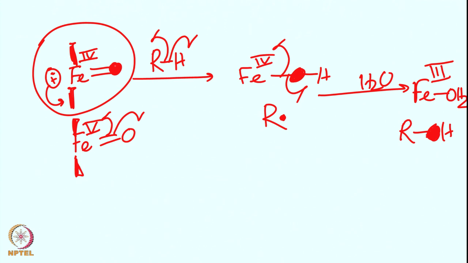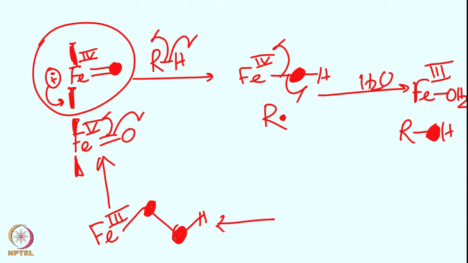This iron 5 oxo has come in turn from the iron 3 hydroperoxo species, where the oxygen is labeled O16 or O18 depending on where it is coming from. That has taken a proton and an electron, and it is getting generated from iron 3 superoxo.